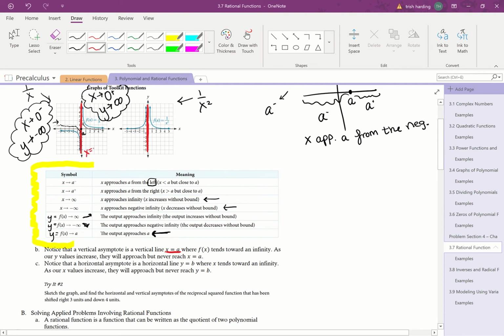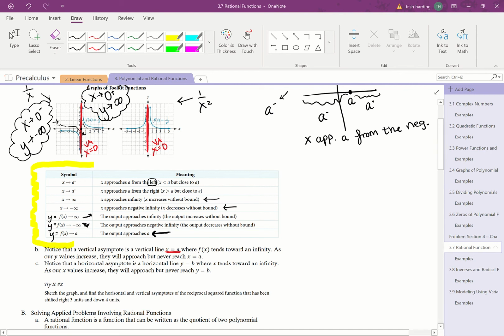Here it would be x equals 0. You can abbreviate it as vertical asymptote, VA. That means that as our y values increase or decrease, it will tend towards a certain value, but it will never reach that value.